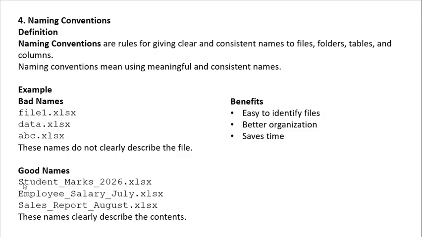Good names are like student_marks_2026.xlsx, employee_salary_July.xlsx, and sales_report_August.xlsx. These names clearly describe the content. The benefits are that files are easy to identify, better organized, and it saves time.